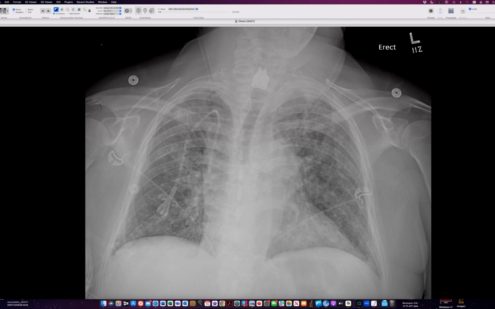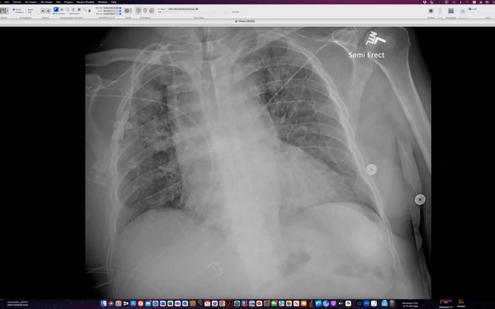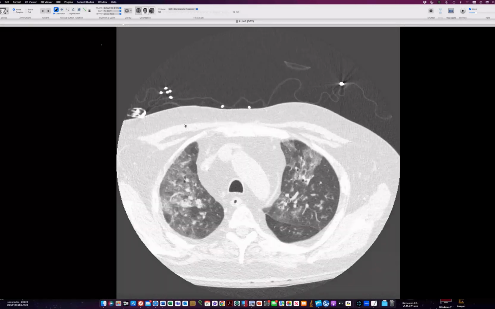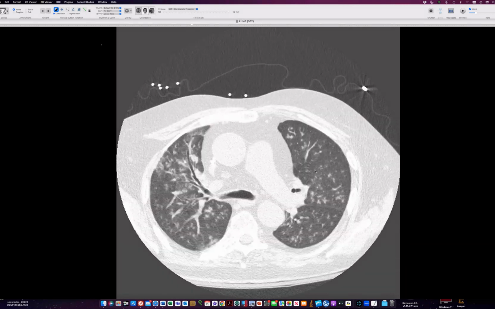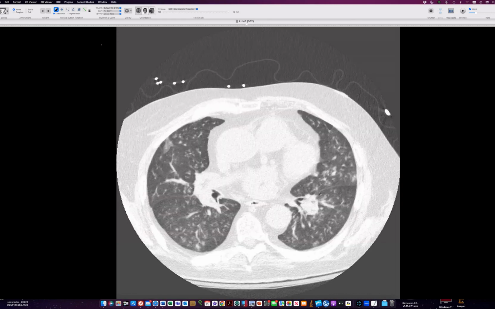At this point, it's really denser in the upper lungs. He had a CT scan, and you can see that he's got this extensive ground glass abnormality in upper lungs, and then he's got a lot of bronchiolitis. As we get down to lower parts of the lung, we get away from the ground glass, and now we've got these smudgy small airways everywhere we look, going down into the bases.